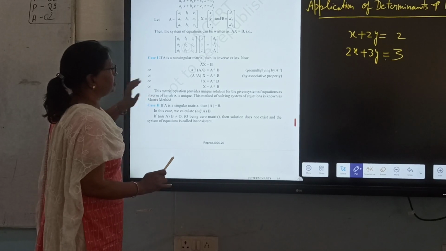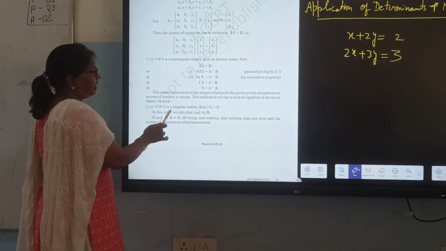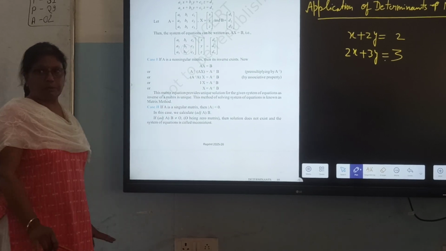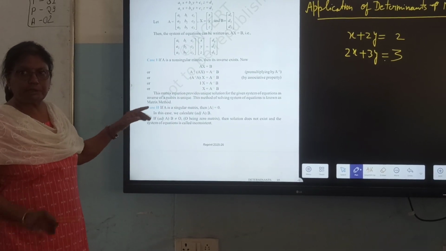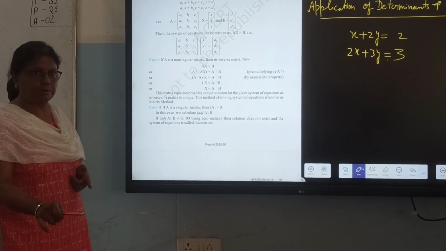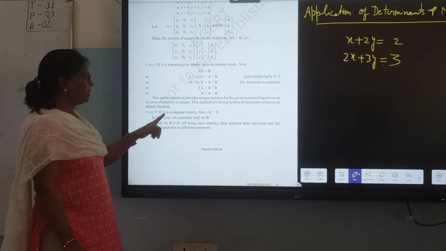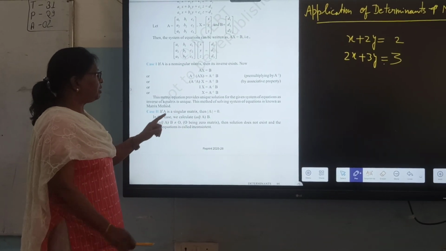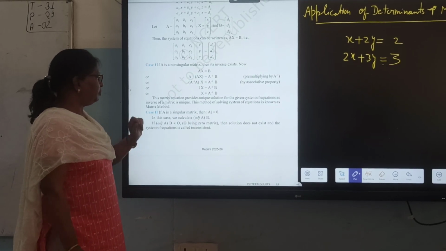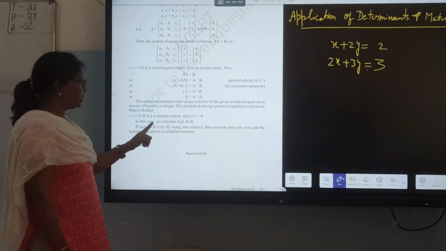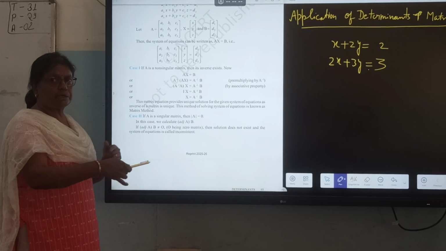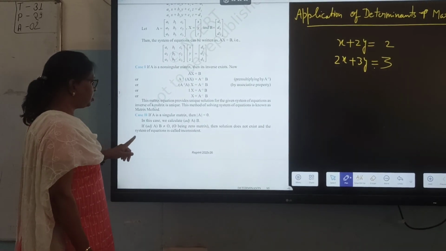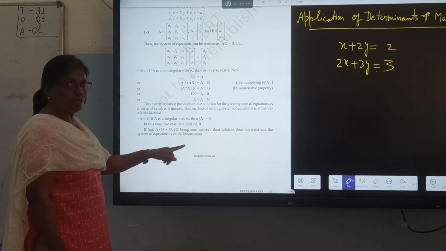Now this is the first case, in which A is a non-singular matrix. Non-singular matrix means determinant A is not equal to 0. Now in the second case, if A is a singular matrix, then determinant A is 0. In this case, we calculate adjoint A into B. If adjoint A into B is not equal to 0, that means the numerator is not equal to 0, then the solution does not exist, and the system of equations is called inconsistent.